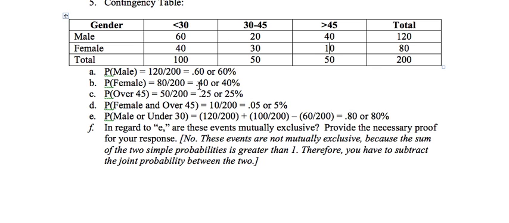So it would be the probability of male plus the probability of being under 30, and now what we have to do is subtract off that area of the Venn diagram where they may both occur simultaneously. And that would be male and under 30, 60 in relation to 200, or 80%.